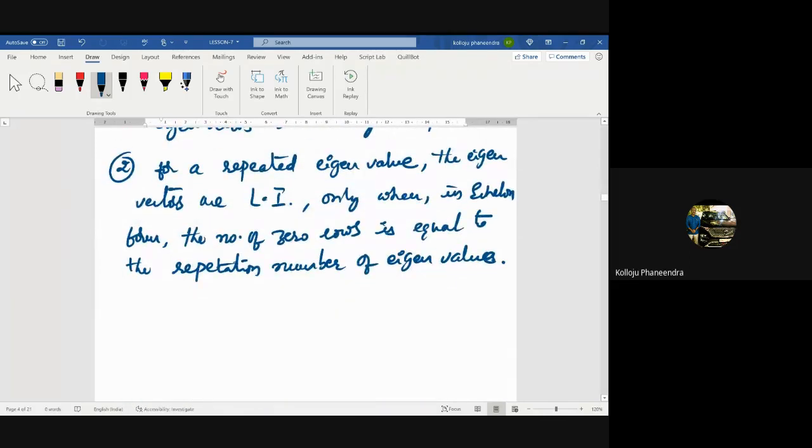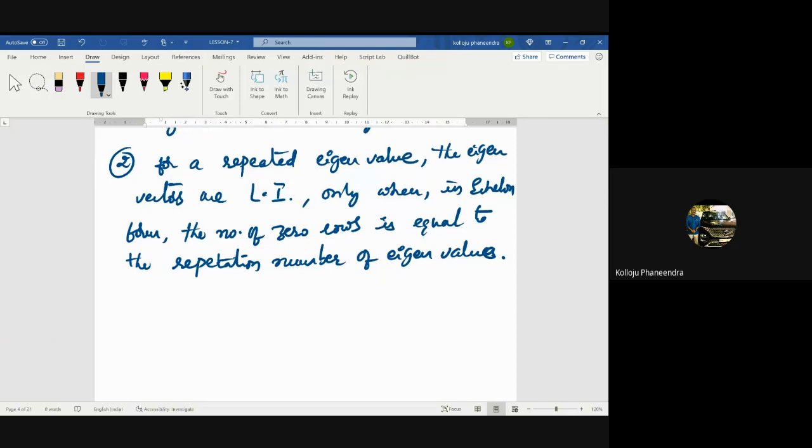Do you want more number of problems in eigenvalues, eigenvectors? Anyone? Yes? Anyone?